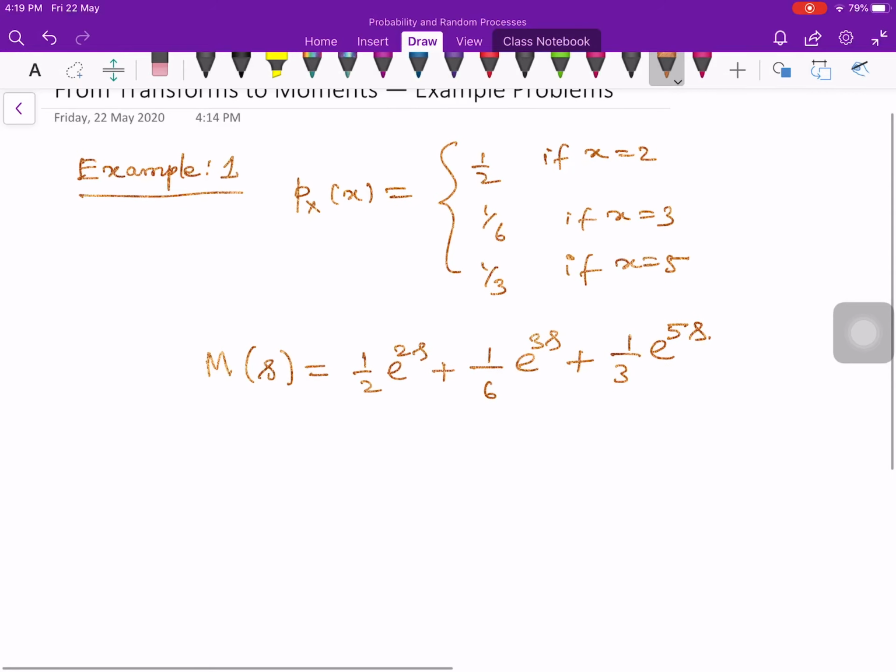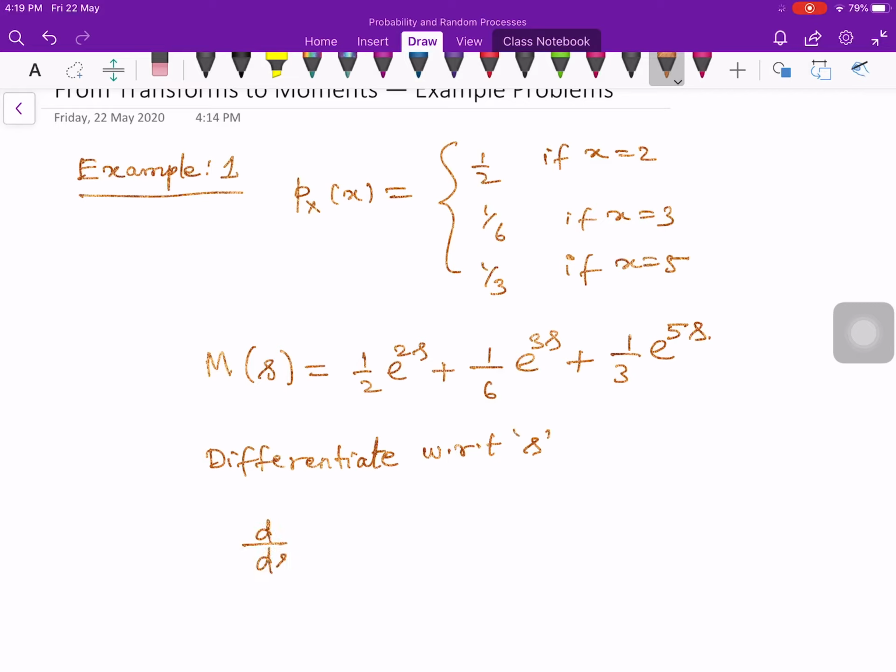Now to find the first order moment, that is the mean of the random variable, differentiate with respect to s. So d over ds of M(s). I can put M sub X also, no problem, but without X also it is understood in the context.